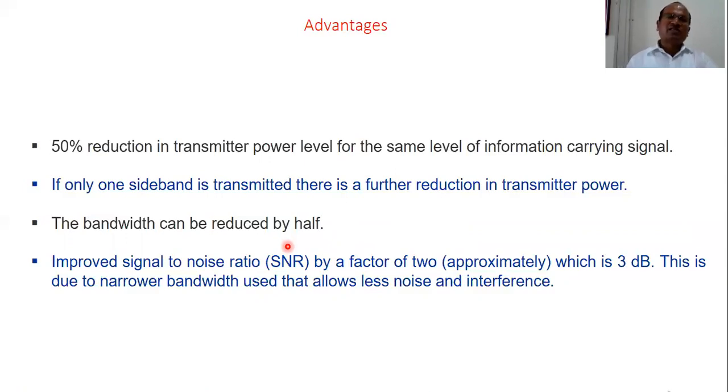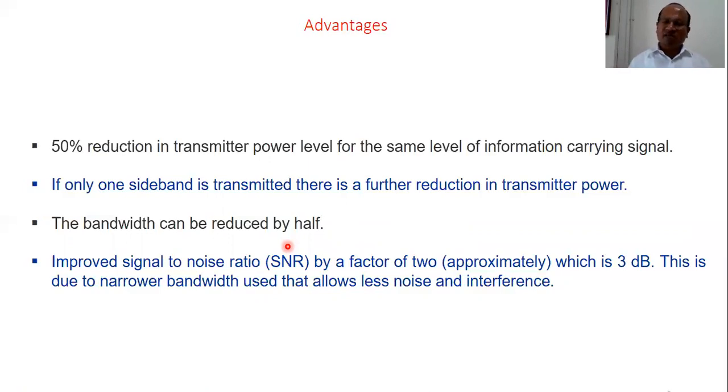That will, as I explained, give us another advantage: the potential cost of SSB is lesser than that of DSB. Because when we talk about bandwidth in a communication system, bandwidth is something which you have to buy from the spectrum.